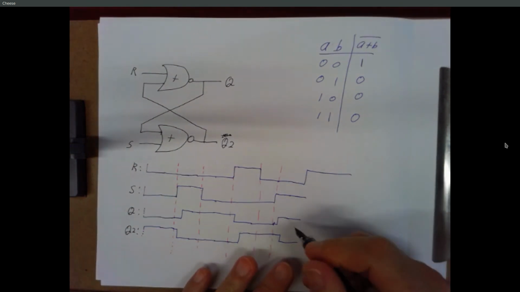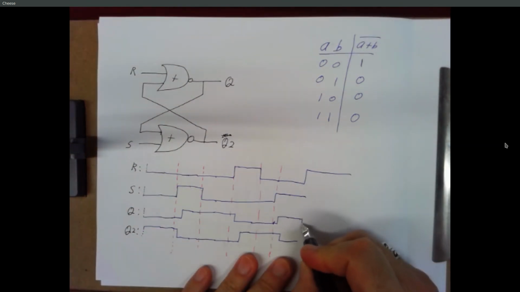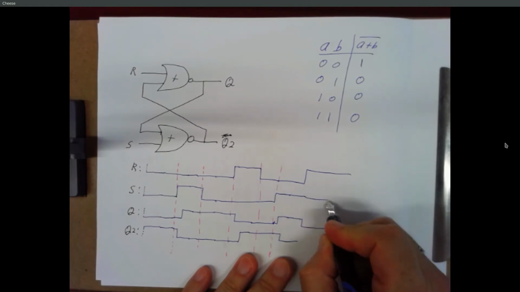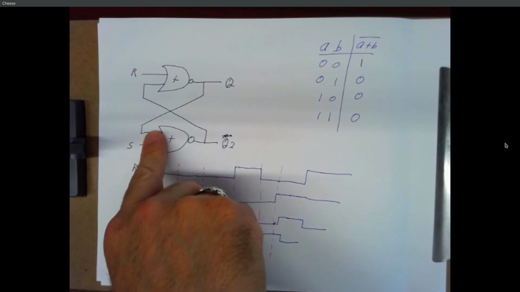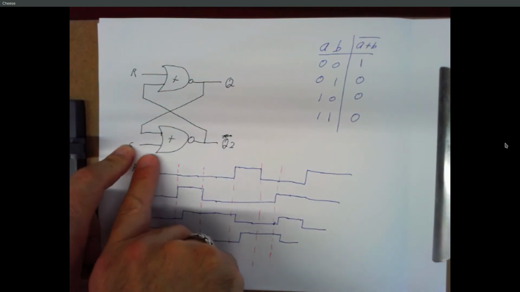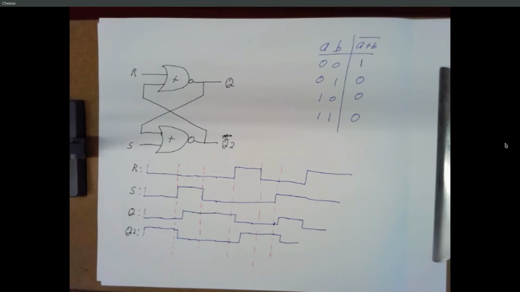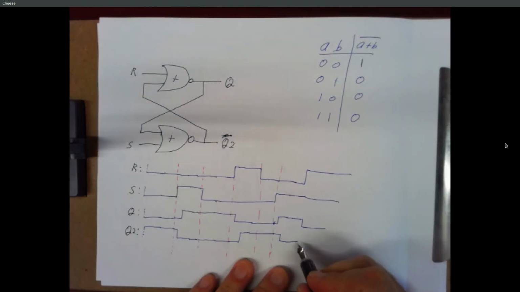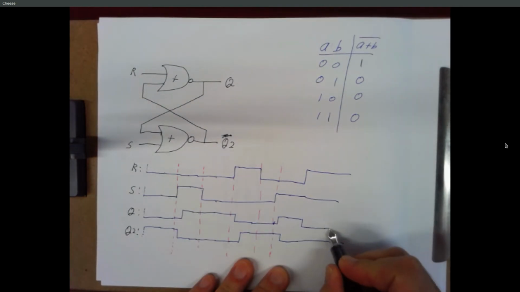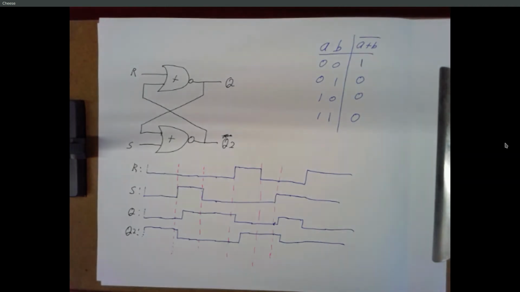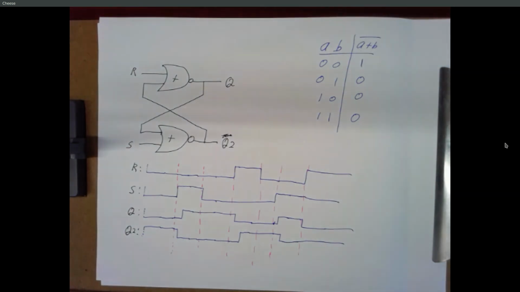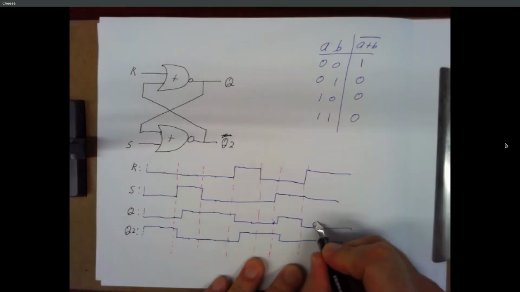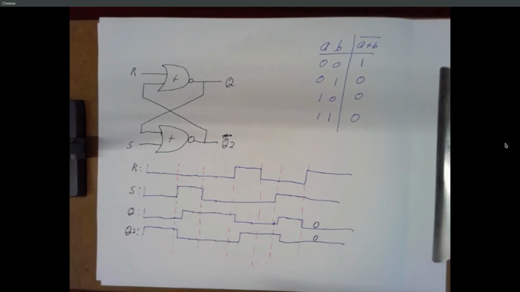So as soon as R is raised, Q is going to go low. And if Q is a 0, but S is still a 1, 0 and 1, that's going to become a 0. Q2 is going to stay low. So at this point, Q is a 0, Q2 is also a 0.